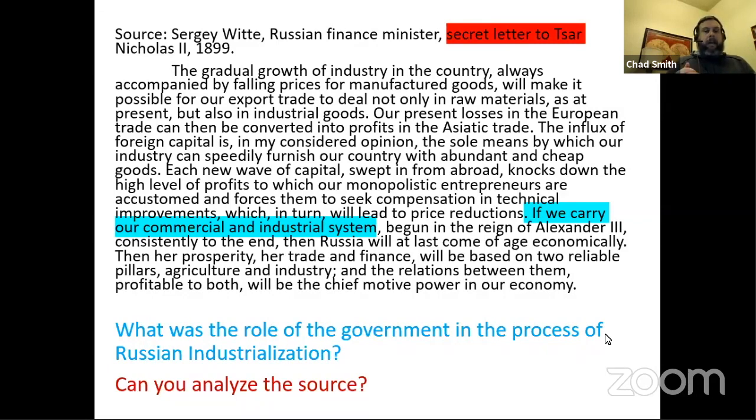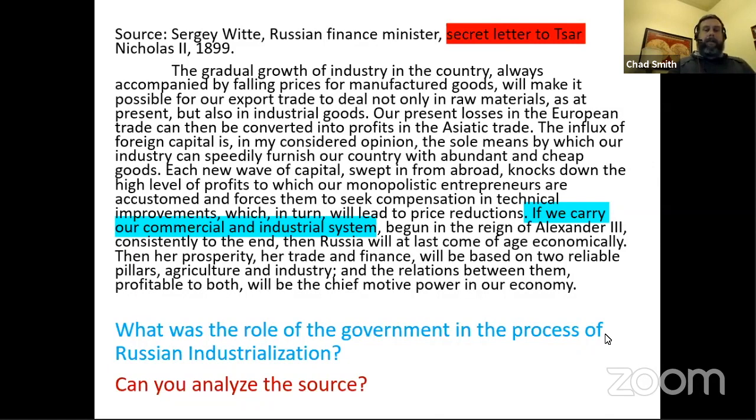So here I think about the fact that this is a member of the government who has a goal, and he's trying to persuade the leader, the head of the government. Because his goal is to persuade the head of the government to continue the government system of industrialization, it affects his description of the potential flaws of not industrializing, for example, the problems of being behind European trade.